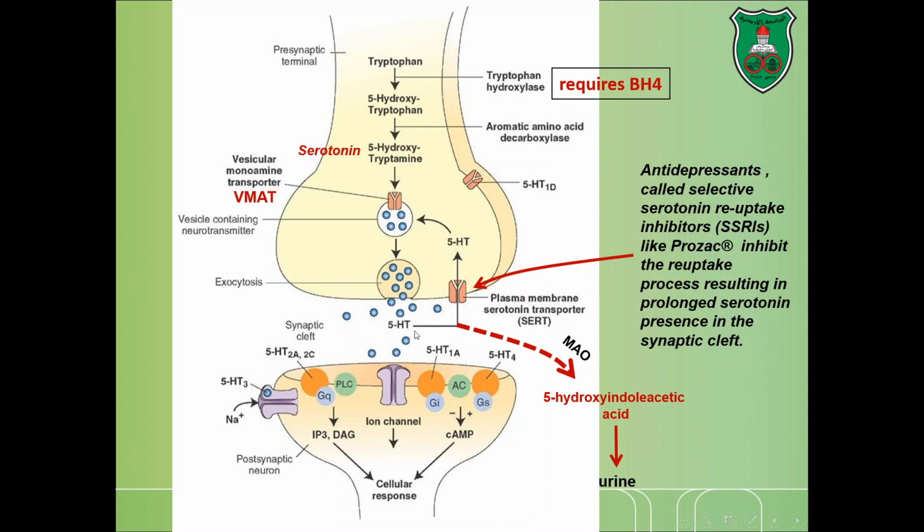Now, much of the serotonin is taken up by the presynaptic cell, and some diffuses away into the liver, where it can be modified further into a product known as 5-hydroxyindole acetic acid, which can be excreted in the urine.